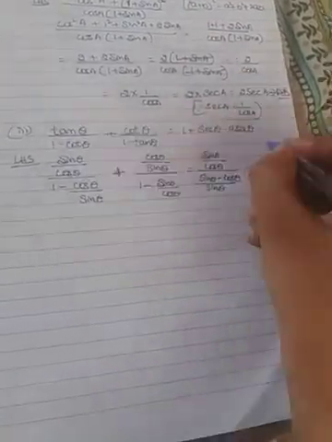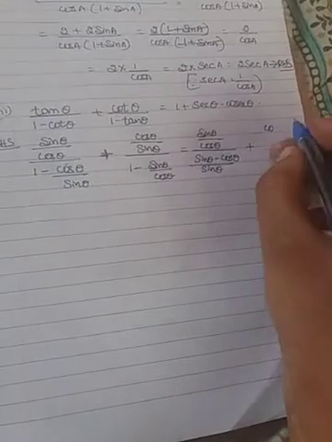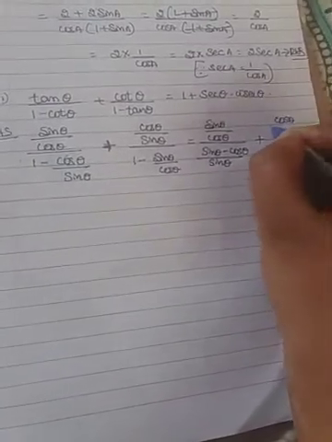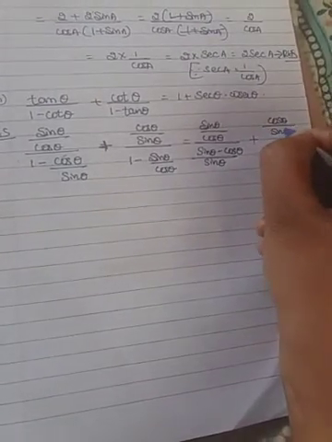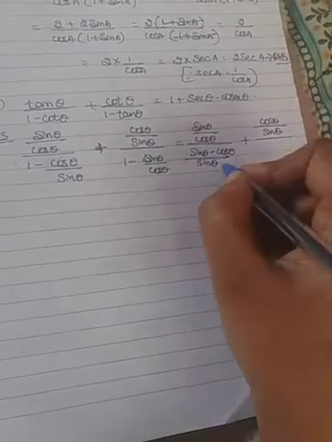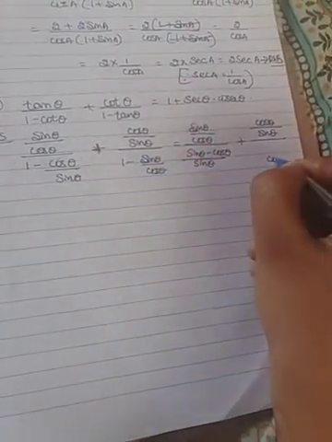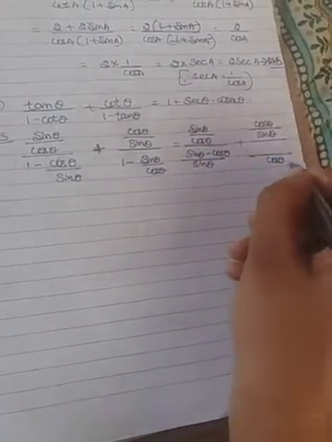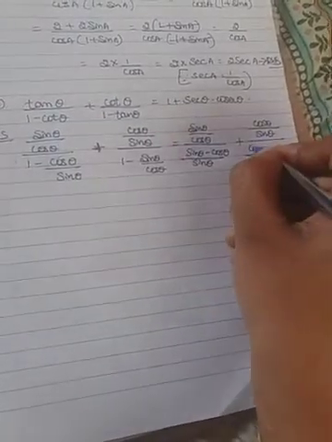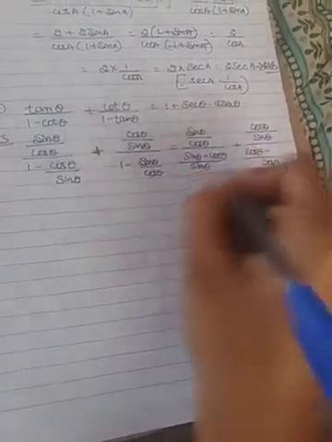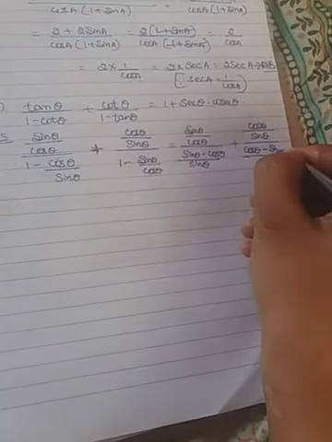Plus here also the same, in the numerator cos theta divided by sin theta, divided by, if we take the LCM, cos theta into 1 is cos theta minus cos theta gets cancelled, remaining is sin theta.